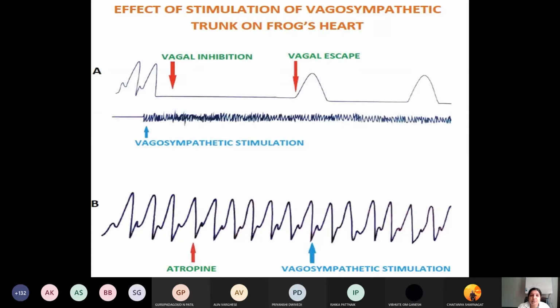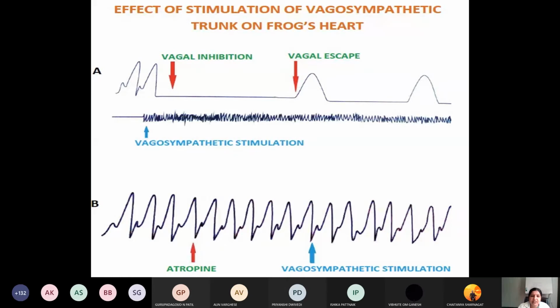Another unique property. See, the extrasystole and compensatory pause you will not get in skeletal muscle or the GIT smooth muscle. That is seen only in cardiac muscle. So that is the unique property of cardiac muscle. This second one is again a unique property, where long refractory period is there, and vagal escape.